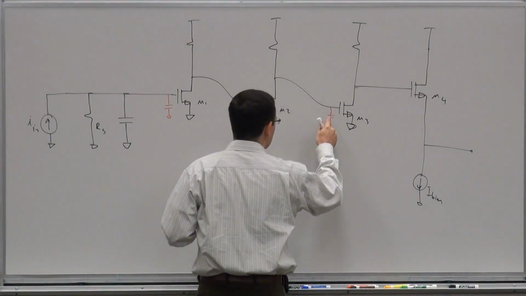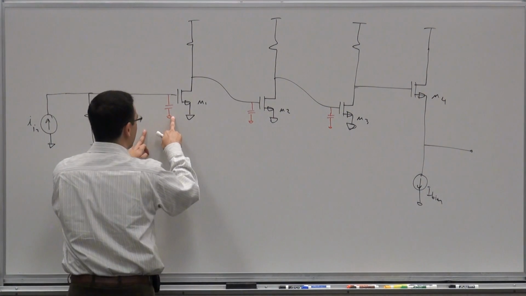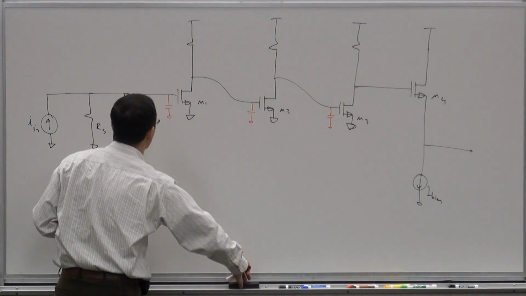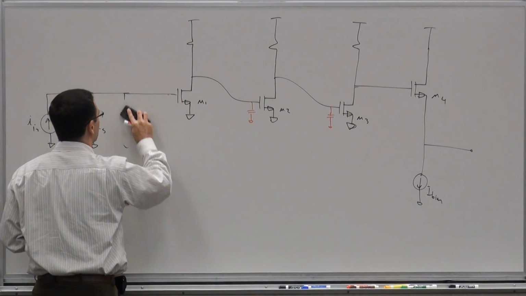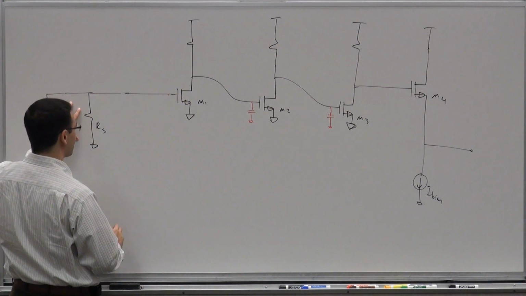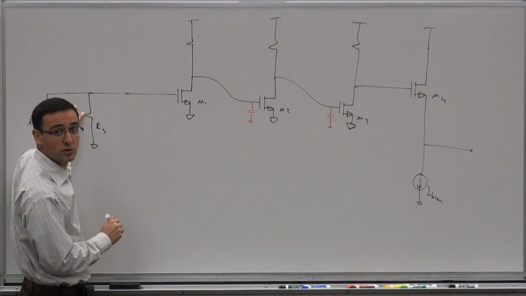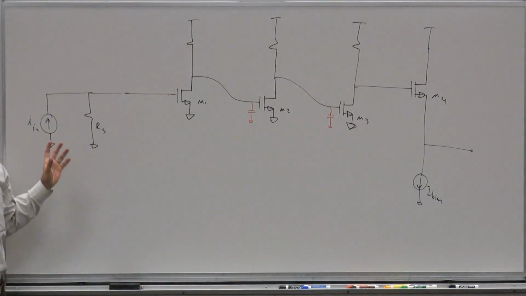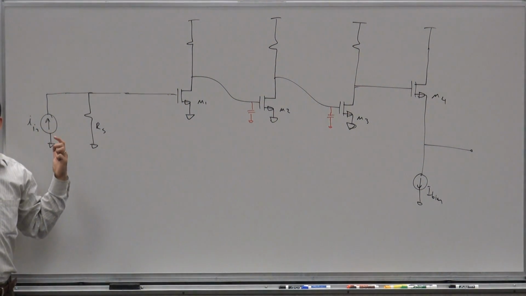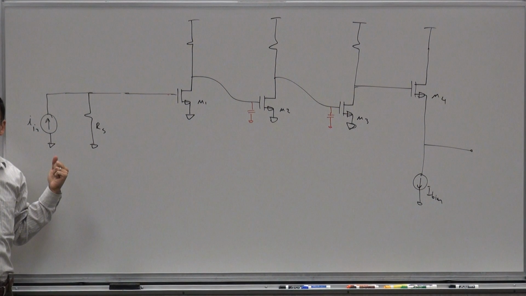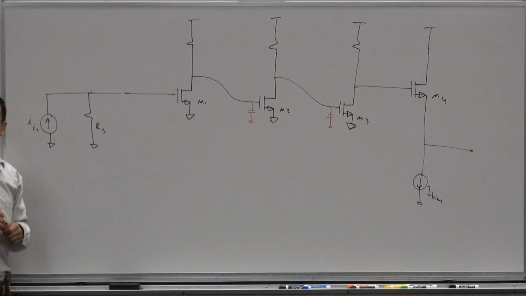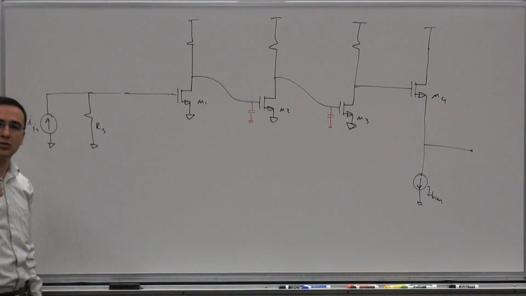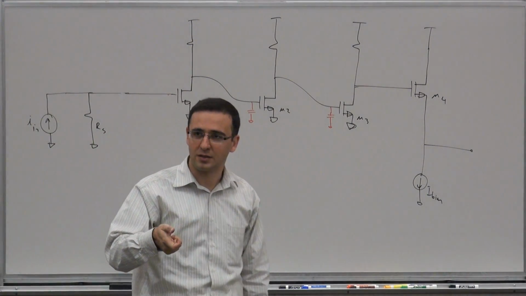So let's consider these capacitors. We easily see these two capacitors are in parallel, so we lump them into one capacitor, which contains some of the capacitance of the source and some of the capacitance of the first transistor. This source, by the way, is a good representation, for instance, of a photodiode in optical communication systems. A photodiode can be represented as its photocurrent, a current source, in parallel with the capacitance of the diode itself.